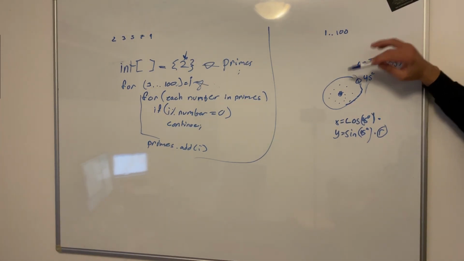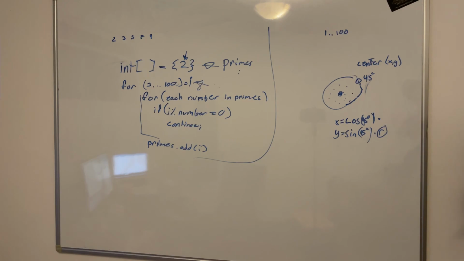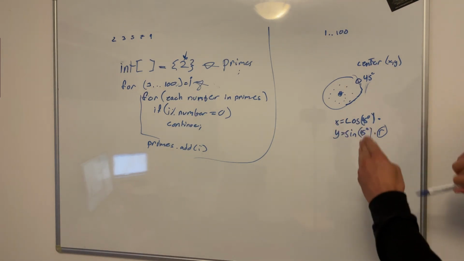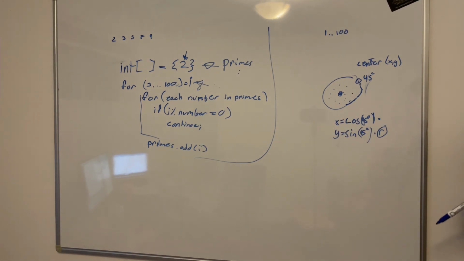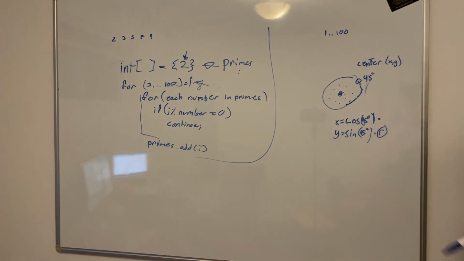Now, what we're going to say is that any given radius will be the prime number, so r will be prime. As we go through the primes, it's going to get bigger, and the angle will also be based on the prime number.